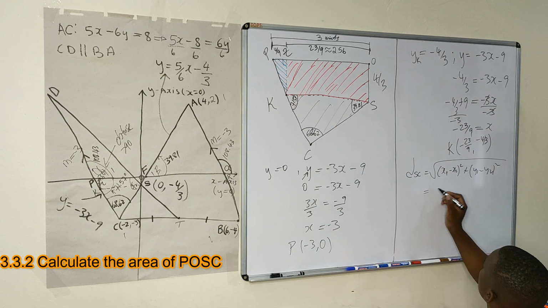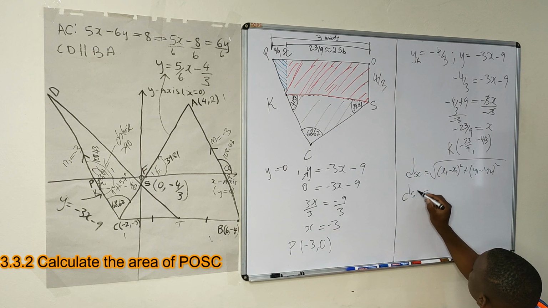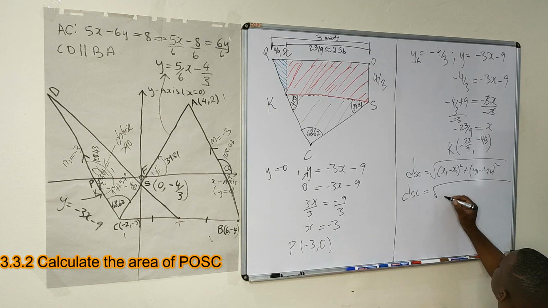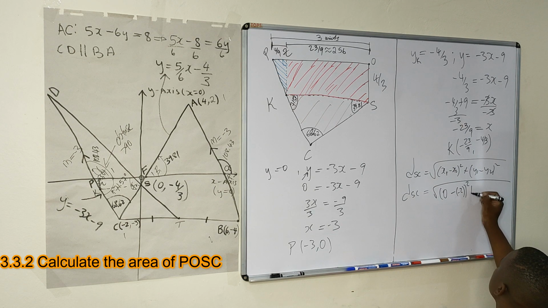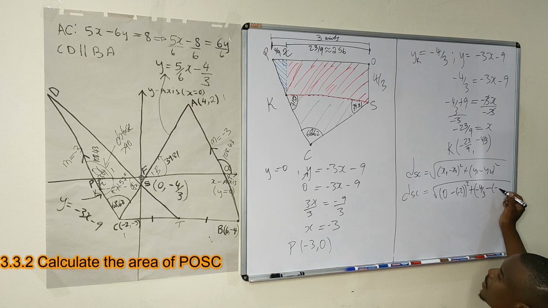What do we have? The distance SC is x1, which is 0 minus 2 all squared, plus y1, which is -4/3 minus 3 all squared.